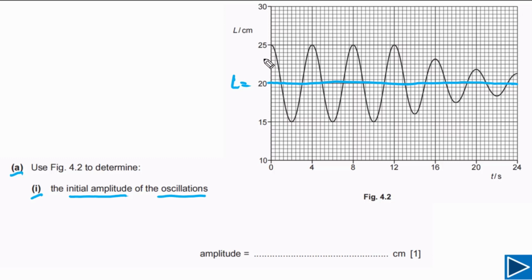So the maximum displacement of this trolley from equilibrium is 25 minus 20, so that is 5. It's better to write down 5.0 centimeters. So this is initial amplitude of oscillation. This question has only one mark, and that is answer mark. If you have written 5.0, you will get this 1 mark.